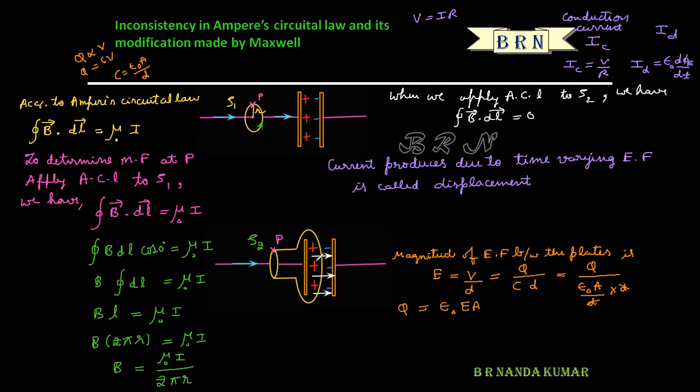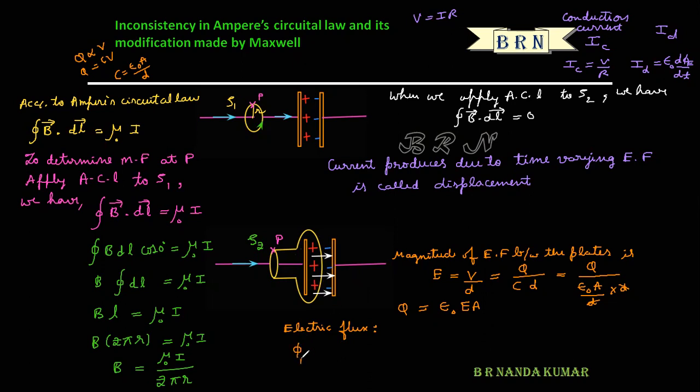Here, consider the electric flux through this surface. What is the meaning of electric flux? Electric flux means the number of electric field lines passing normal to the given surface.